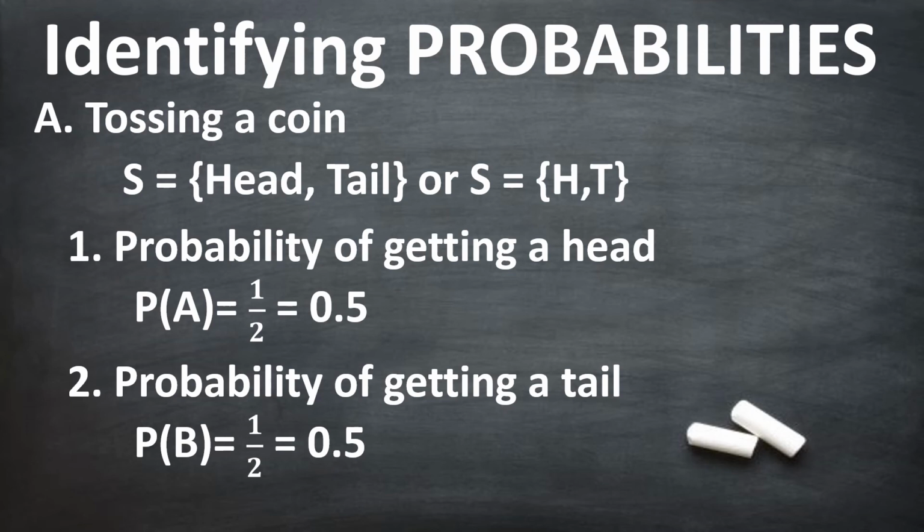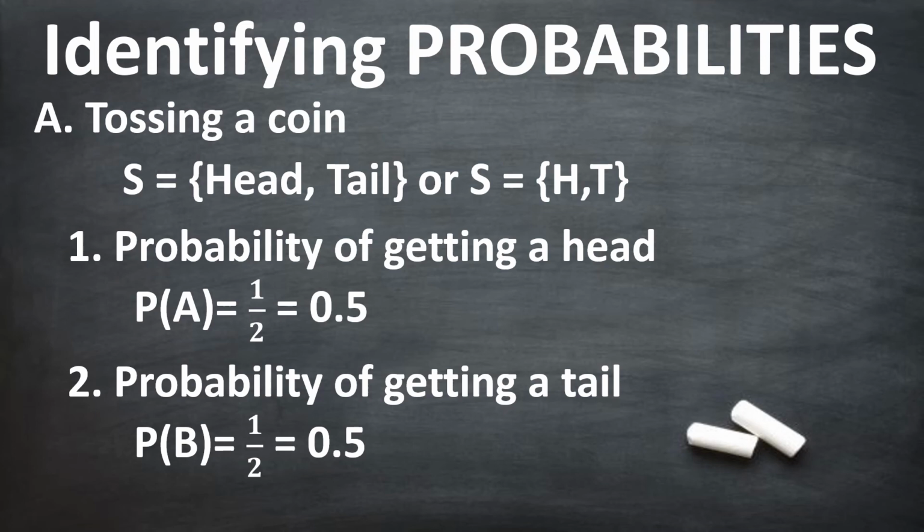That's why I use probability of B. And for you naman, if you want other letters, you may do so as long as it is not the same with the previous probabilities. Kasi po, we are in one experiment po. So if the given event is not the same, then you should not use the same variables po.